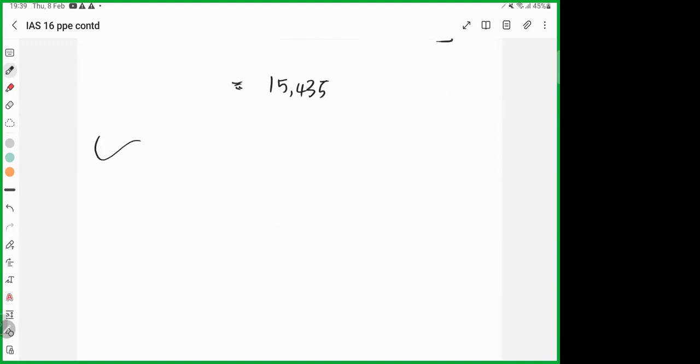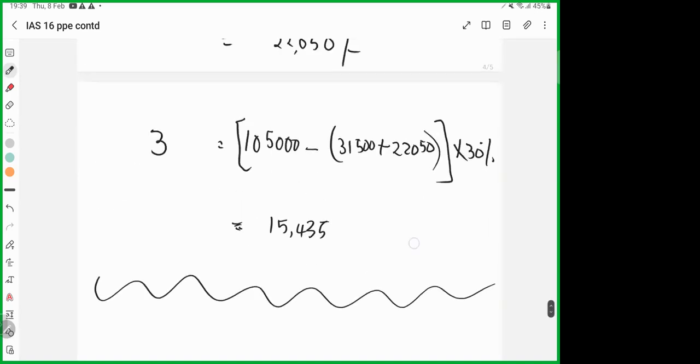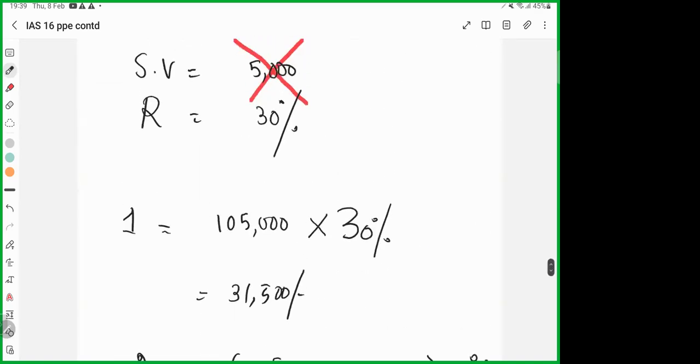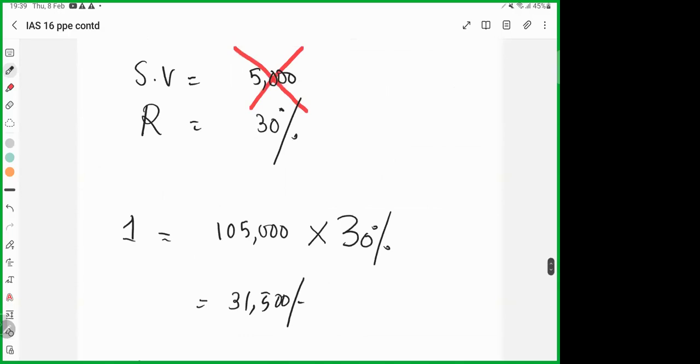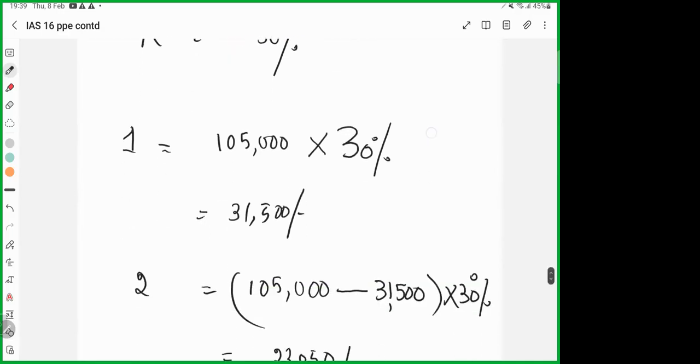There are two ways, so now I'm going to talk about the other way. This is method one. This is straightforward but a little lengthy. In this method, see, 105,000 minus 31,500.